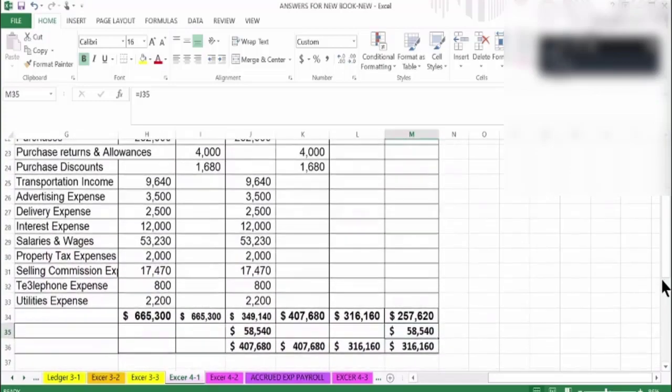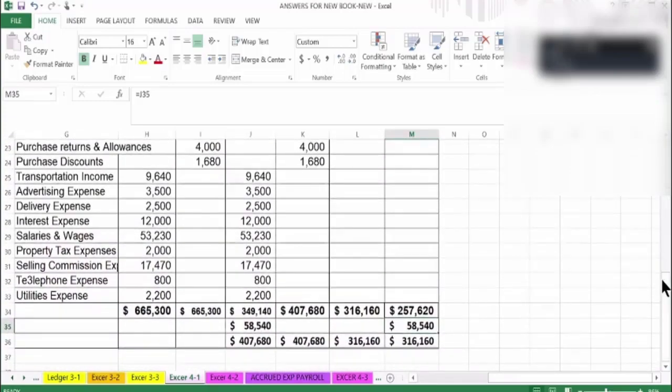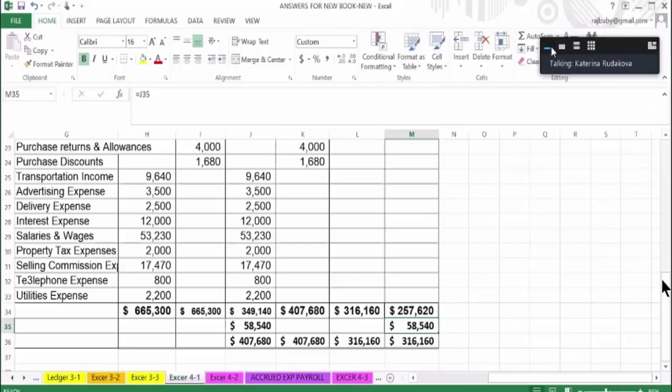4-1. I asked you to do it at home. This is the answer. Matilda, we cannot see the answer right now. You stopped sharing.